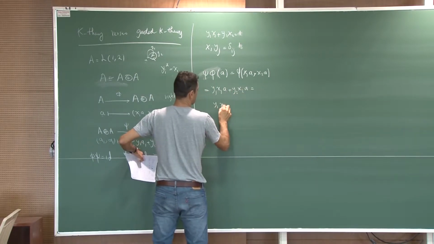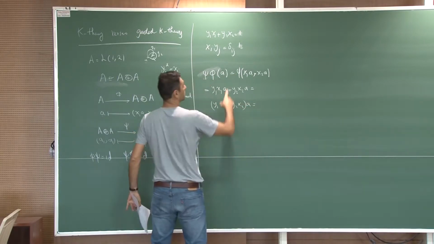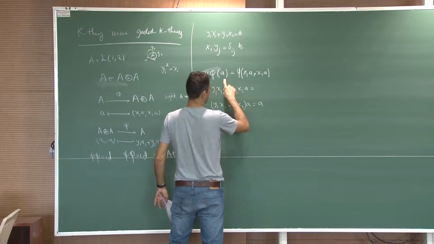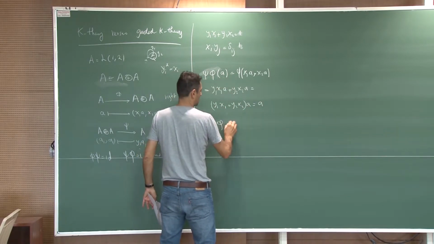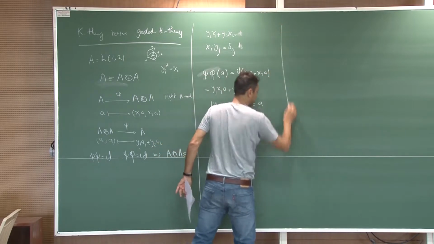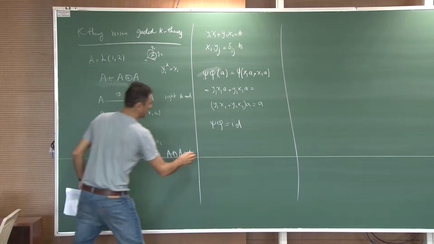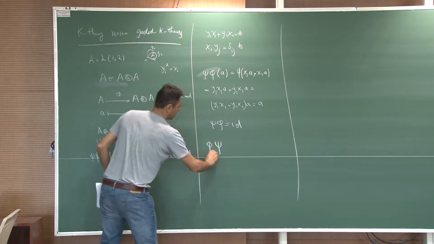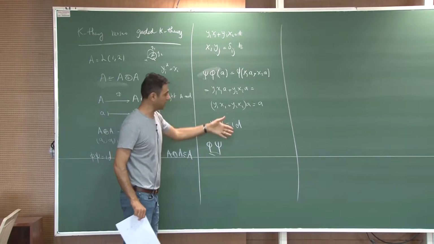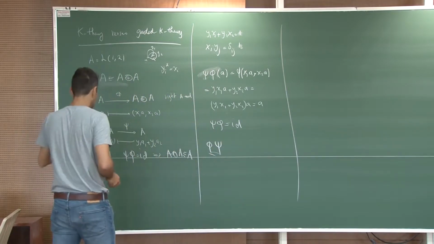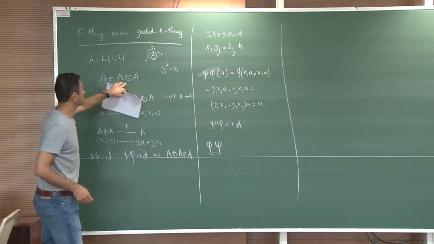This is (y1 x1 plus y2 x2)a, and now I use the relation and I get A back. So that gives me that phi psi is an identity. You can do the other one, psi phi, and there you need to explicitly use these relations to get the identity. So now, what did I prove? I proved that A is isomorphic to two copies of A.